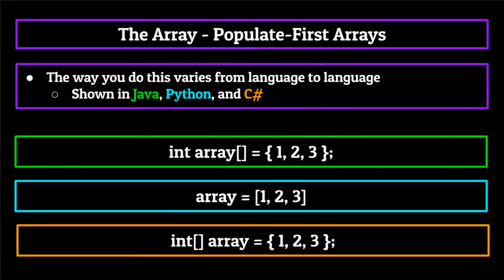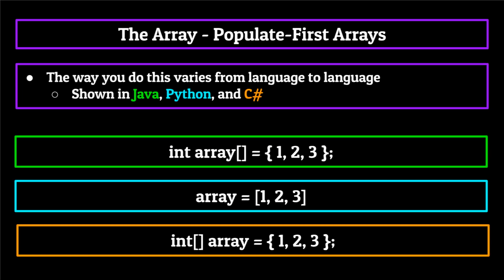The way you do this varies amongst different programming languages, but it's shown here in 3 different languages: Java, Python, and C# to give you a basic gist of how this is accomplished. All 3 lines of code on your screen now will create an integer array of size 3 containing the numbers 1, 2, and 3.